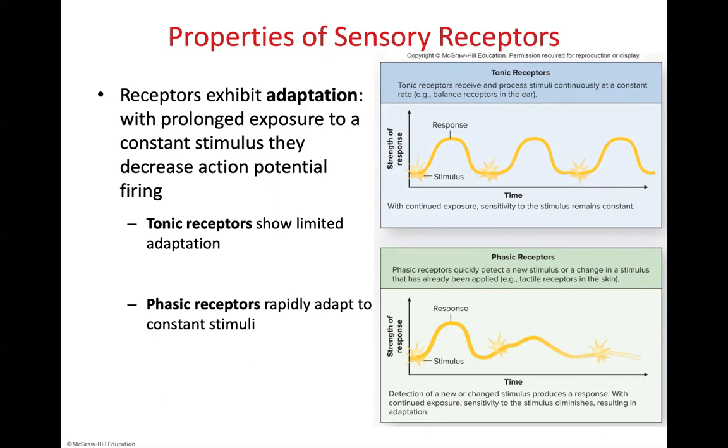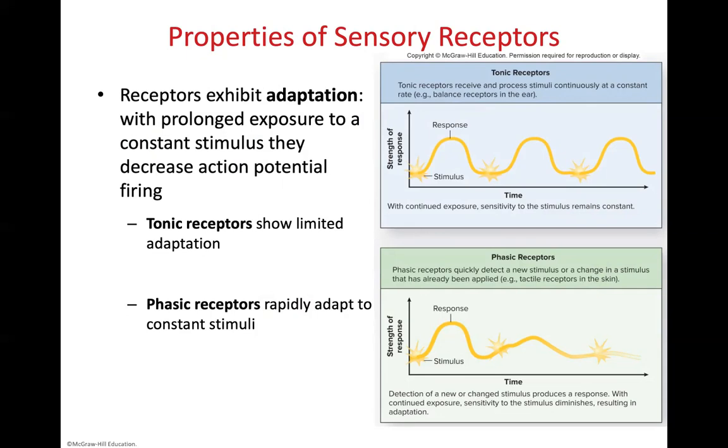So if they're receiving and processing the stimulus continuously, then they'll continue to send action potentials. So the sensitivity to the stimulus remains constant. Things like balance receptors in the ear will be constantly firing. Receptors for proprioception, that's your sense of body position, as well as pain receptors. Those are all tonic receptors.